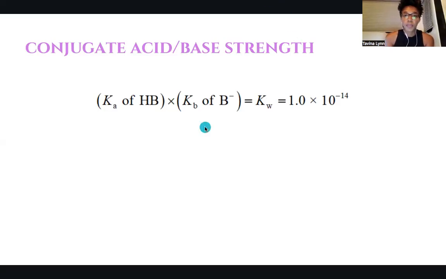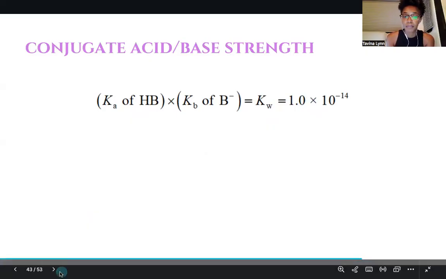So the Kb, the equilibrium constant of a base, times the Ka of its conjugate acid should equal Kw, which is our equilibrium constant for the autoionization of water, which is 1 times 10 to the minus 14. So there is an inverse relationship between the Ka of an acid and the Kb of its conjugate base, or the Kb of a base and the Ka of its conjugate acid.